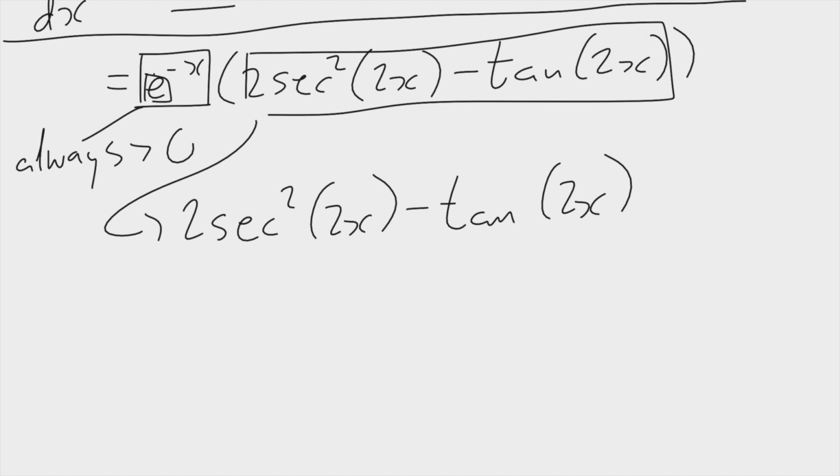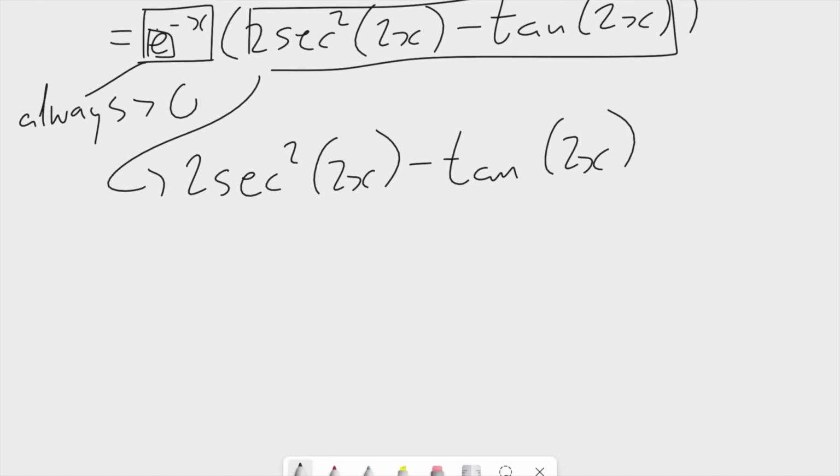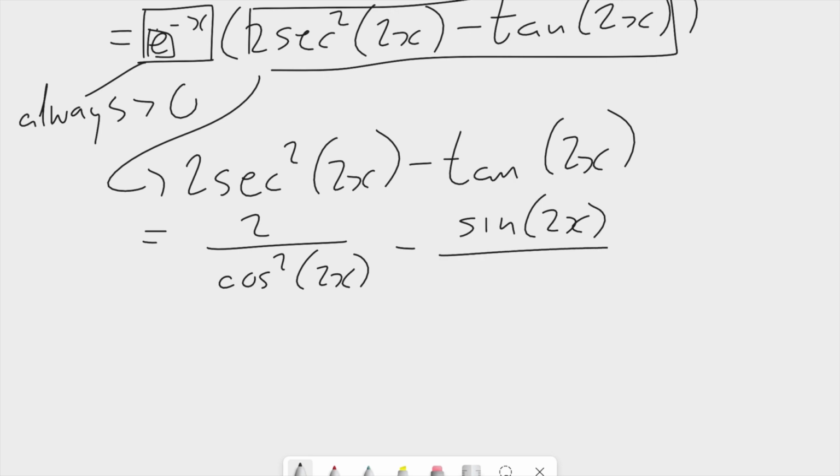However, what you can do is just turn it back from sec and tan into sine and cos. So if you do that, this is equal to 2 over cos squared 2x minus sine of 2x over cos 2x.